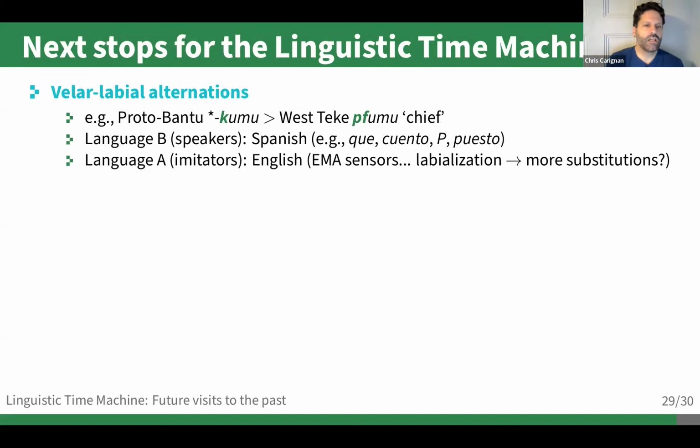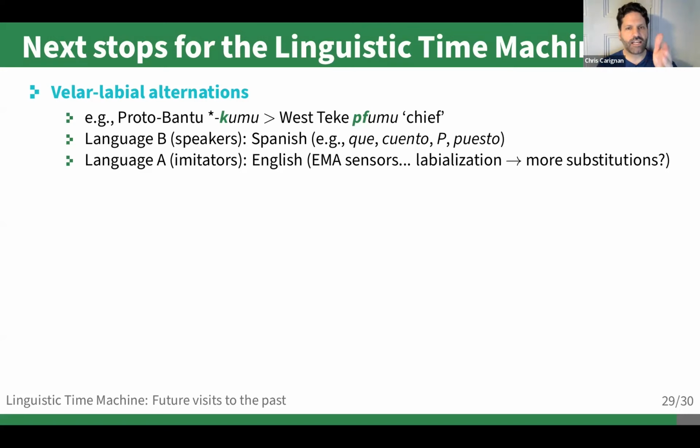So the idea here, language B, the speakers, would be Spanish speakers, where we can get both labialized and non-labialized velars and labial sounds, right? And then language A is the imitators, again, English, using an EMMA study to then track both lips and tongue. And the idea here is, does the labialized environment then lead to more substitutions, these velar labial alternations?